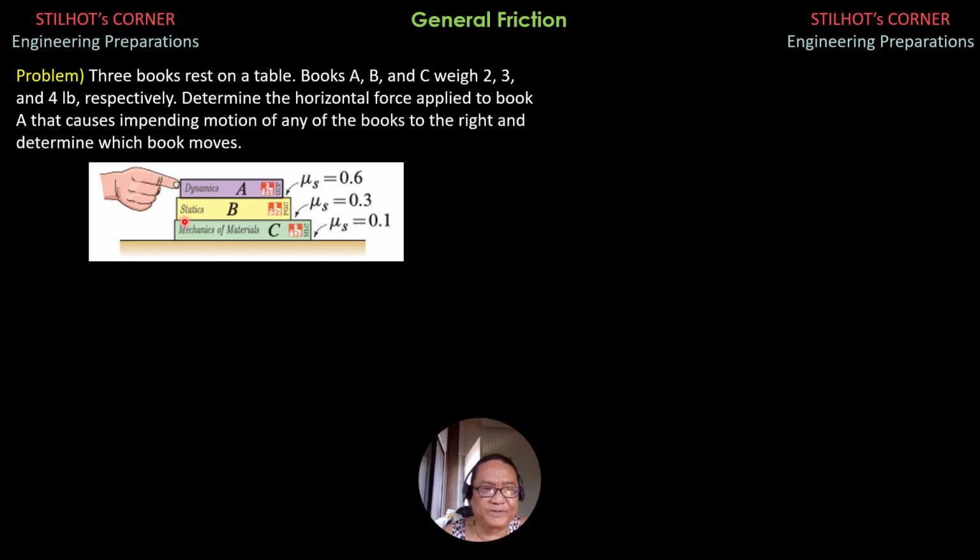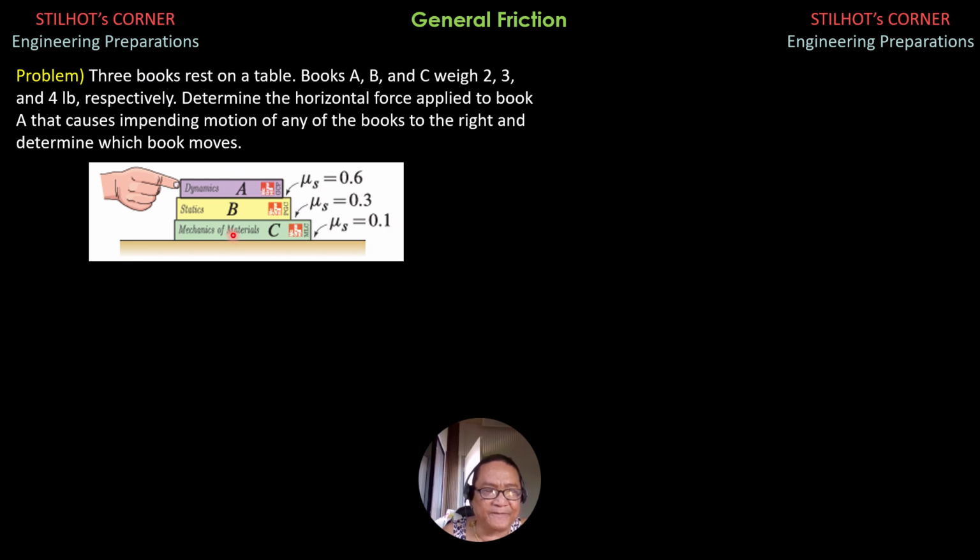Second possibility, both A and B will move as a unit past C and C remains at rest. And lastly, it may only be A that will tend to move to the right, and B and C will stay at rest in the position shown. So there are three possibilities, and let's investigate which of these would be the real scenario.